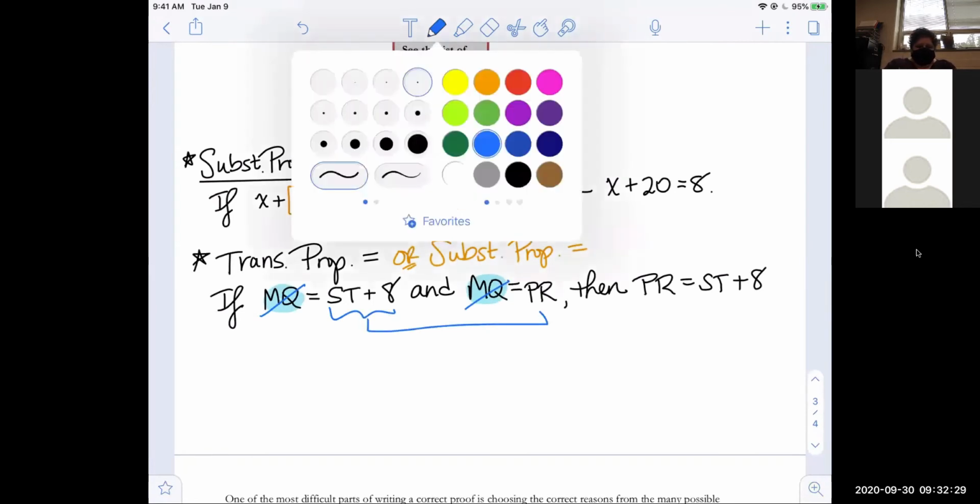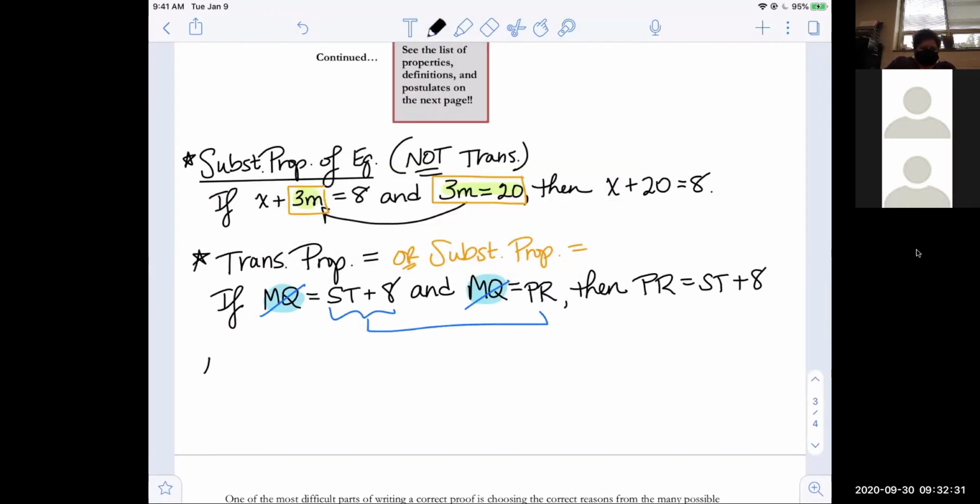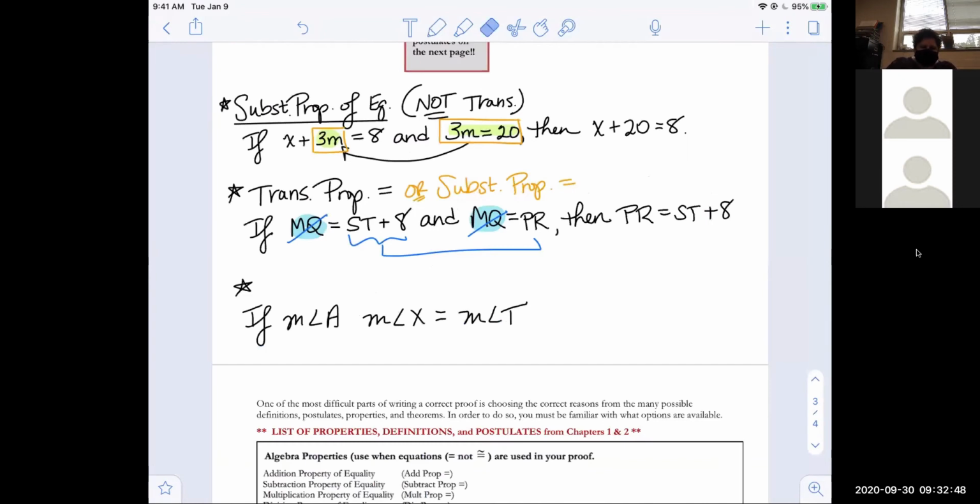Okay, how about this? If the measure of angle A equals the measure of angle X, and the measure of angle X, oh my gosh, let me start this over again.